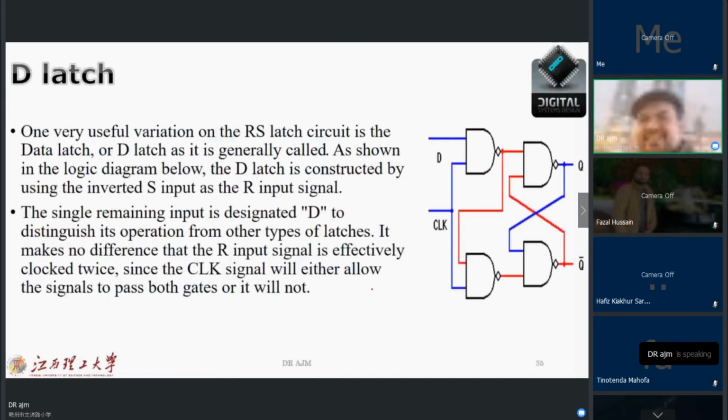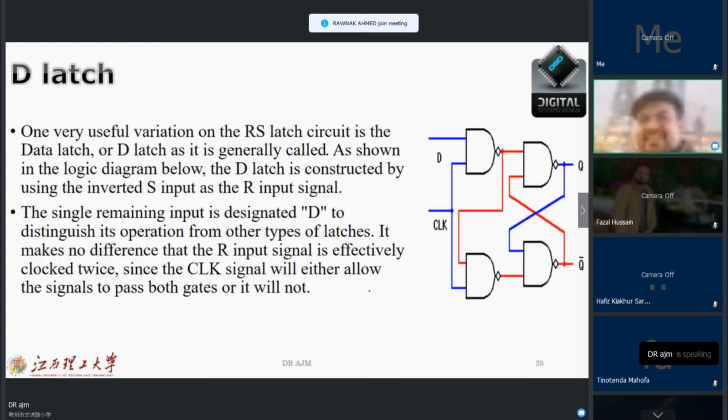This is one very useful variation of RS latch circuits. It's the data latch, which people call the D latch, and it's generally shown in the logic diagram in the figure. The D latch is constructed by using the inverted S input as the R input signal, and the single remaining input is designated D to distinguish its operation from other types of latch.